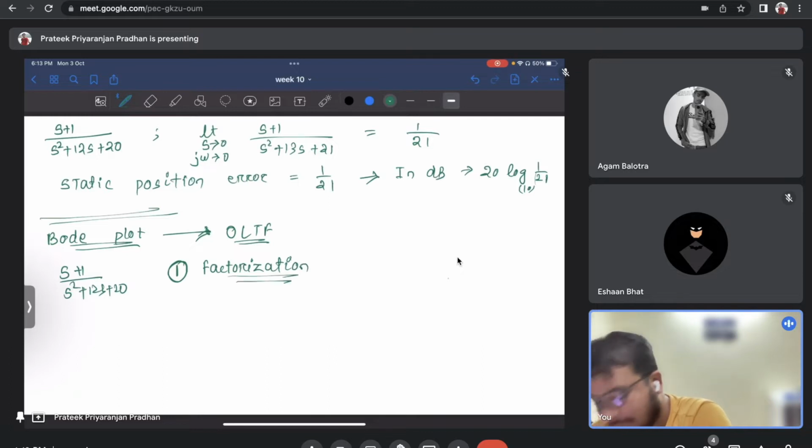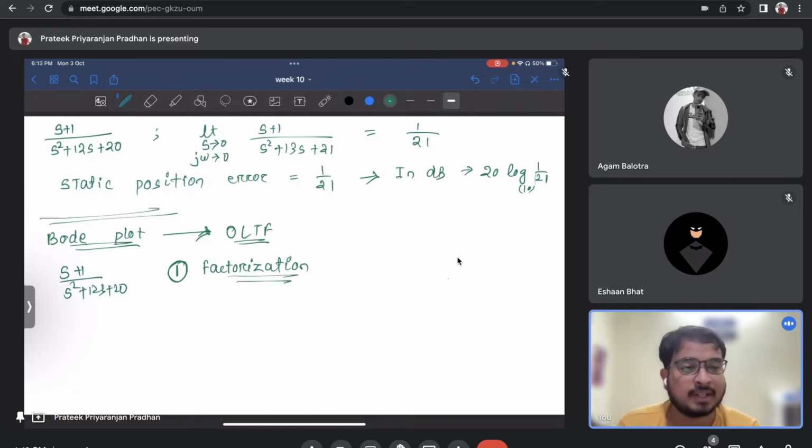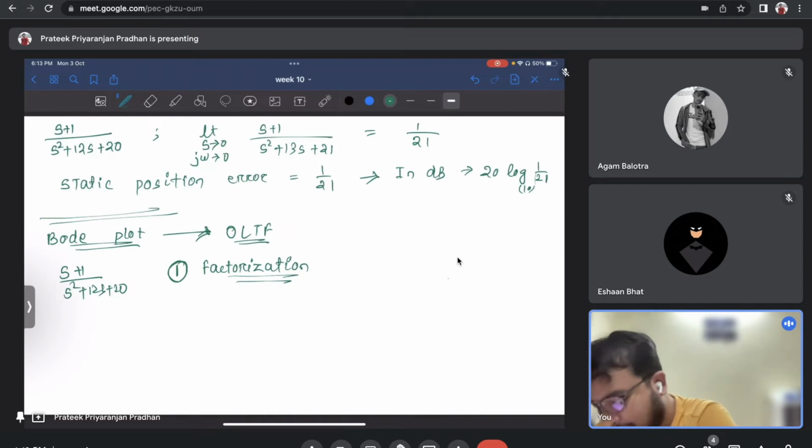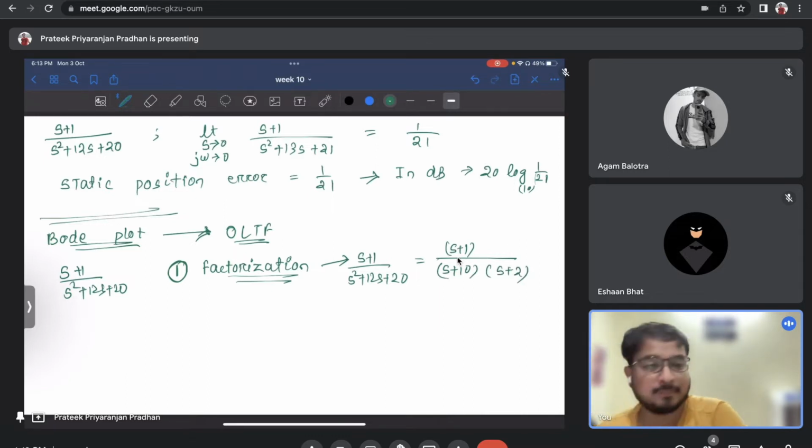Factor the transfer function which you are given. If I factorize it, s plus 1 divided by s square plus 12s plus 20 is equal to, the numerator as s plus 1, it's already there, and the denominator is s plus 10 into s plus 2. This is the basic factorization I will get.